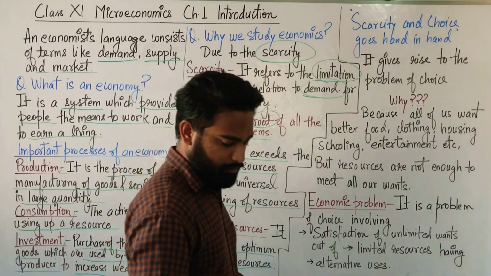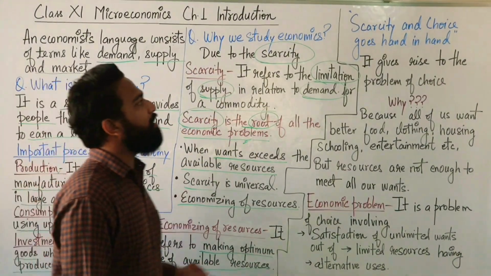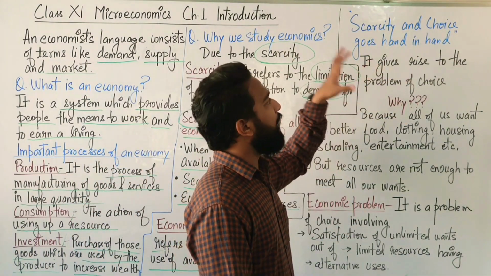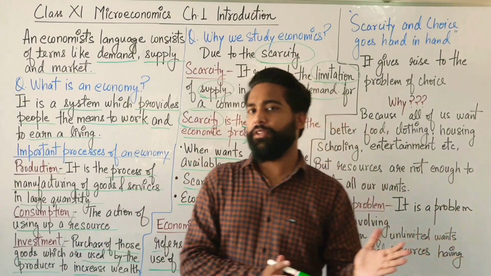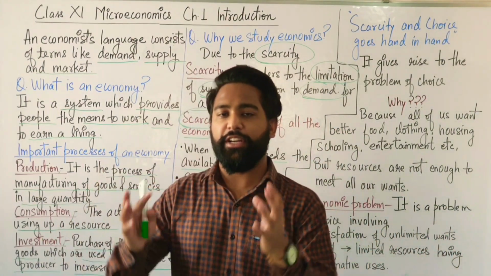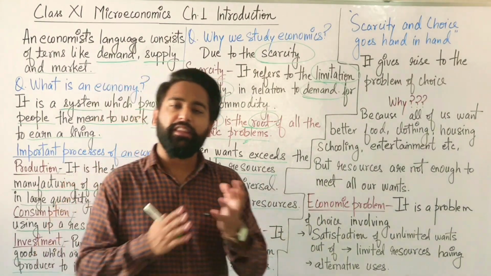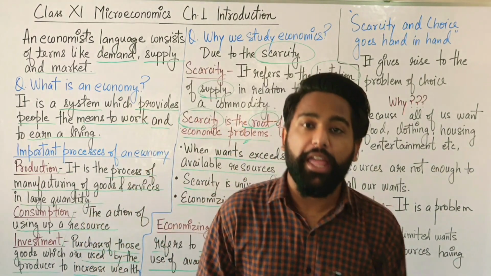Now, when we talk about economizing the resources, there comes the quotation: scarcity and choice go hand in hand. It means when there is a scarcity of some resources, there are different choices we have to make. We have to differentiate our wants according to our priority.